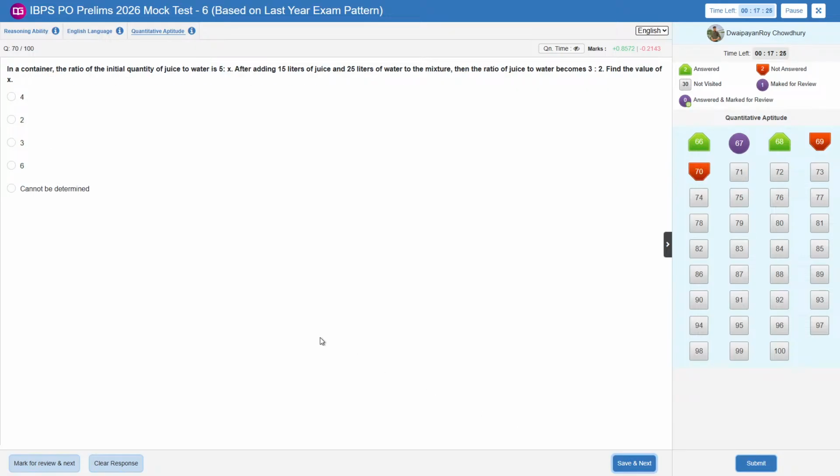A container has juice and water in the ratio 5 to x. After adding 50 liter of juice and 25 liter of water, the ratio of juice to water becomes 3 to 2. So it was added 15, right? So 2 times 2 times 6, 2 times 4.